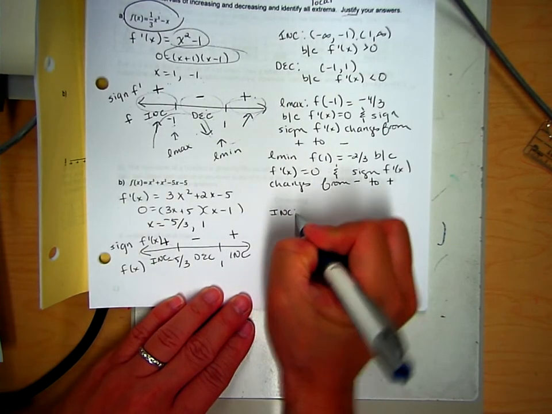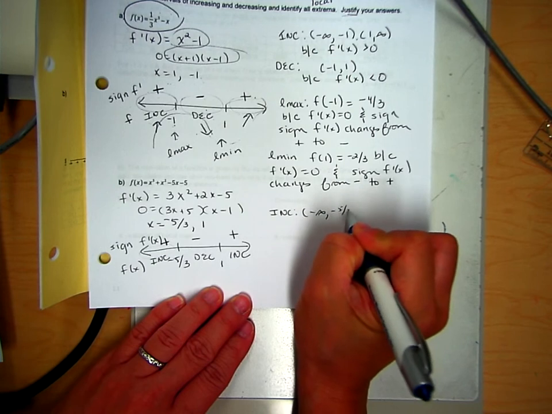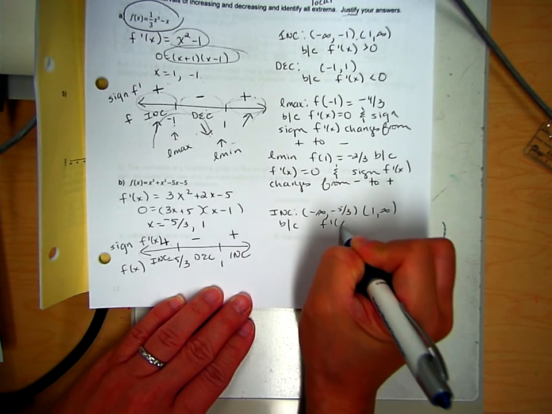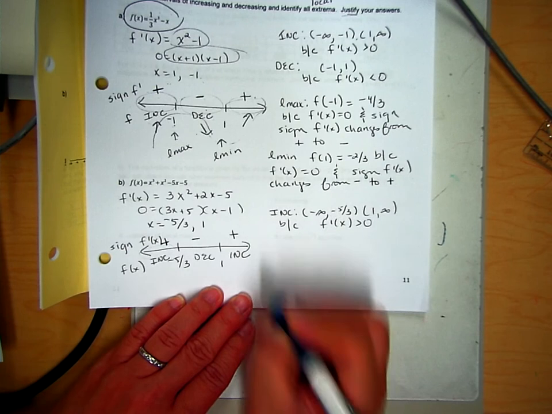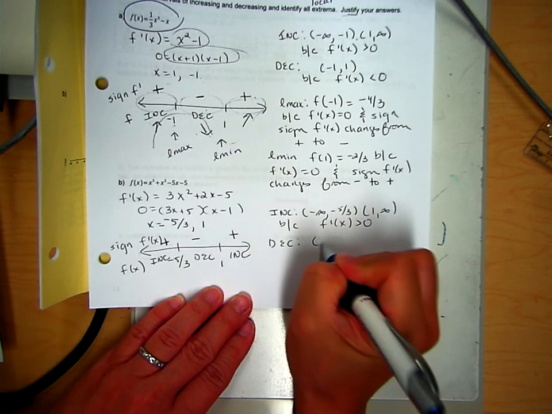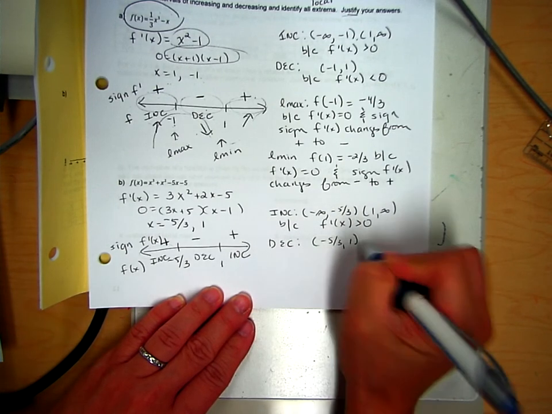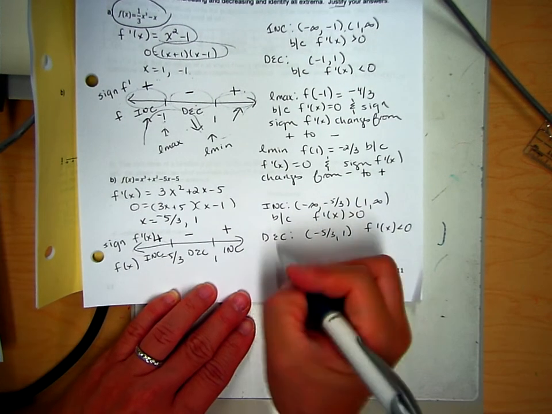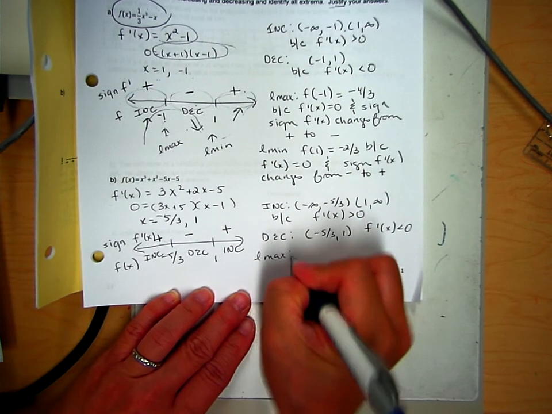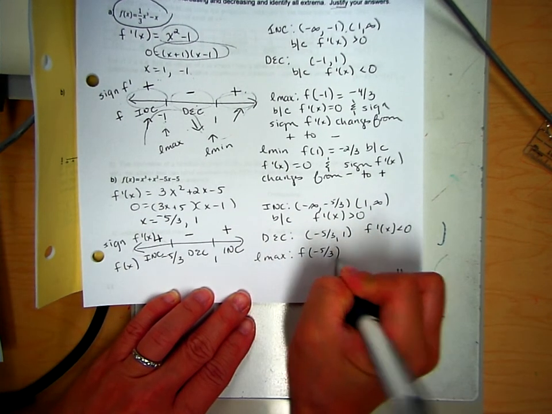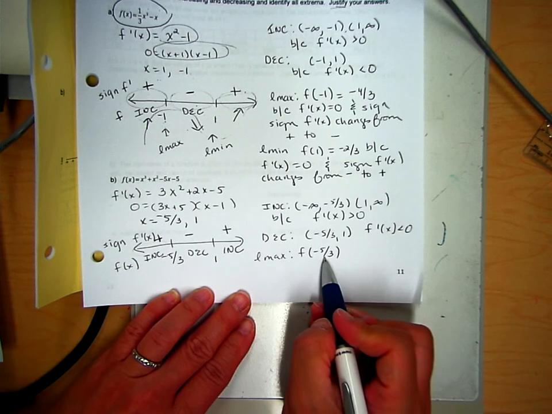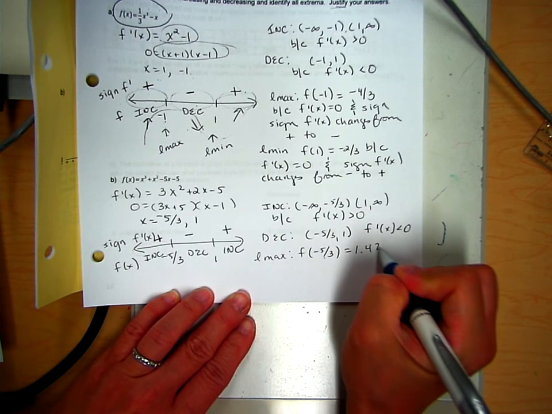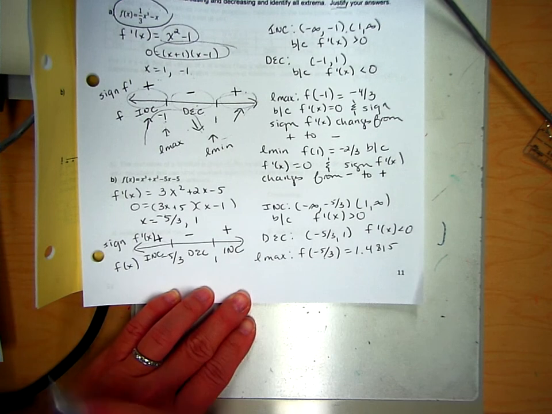So increasing from negative infinity to negative 5/3 and 1 to infinity, justification is because the derivative is positive. Decreasing from negative 5/3 to 1 because the derivative is negative in that interval. Notice I have a local max at f of negative 5/3. Take this, plug it back into the original function, and I'm going to round it off to 4 decimals.